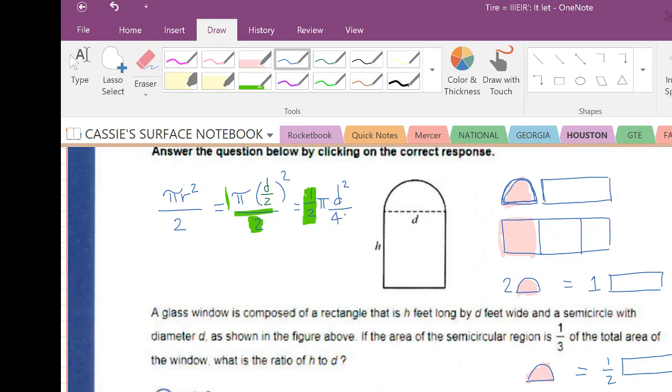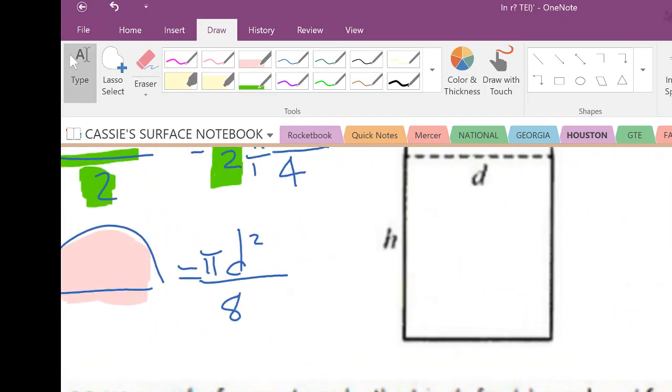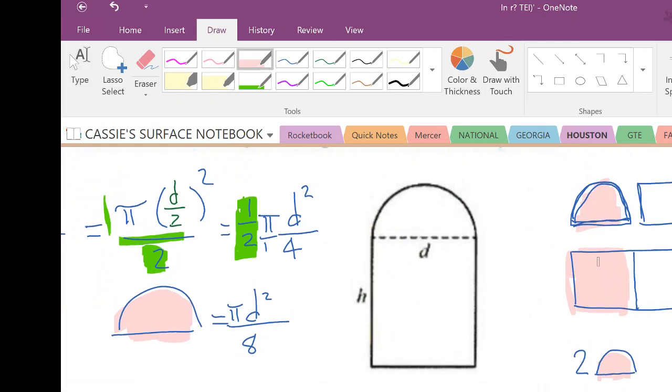Remembering the pi is over 1, I pick up all of my numerators, 1 times pi times d squared, which is pi d squared, over all of my denominators, 2 times 1 times 4, which is 8. So the circular region has an area that I just calculated to be pi d squared over 8.